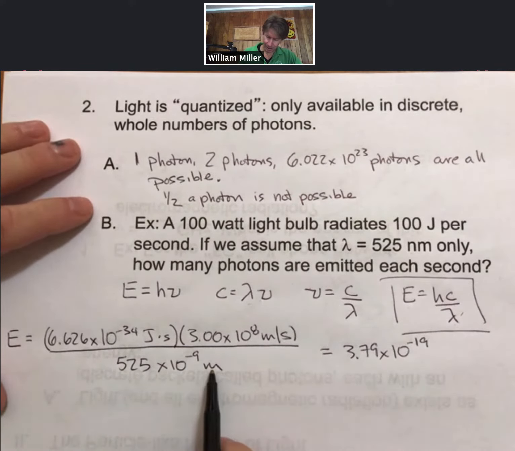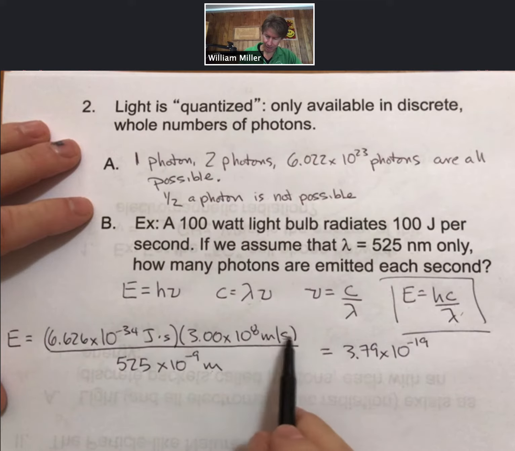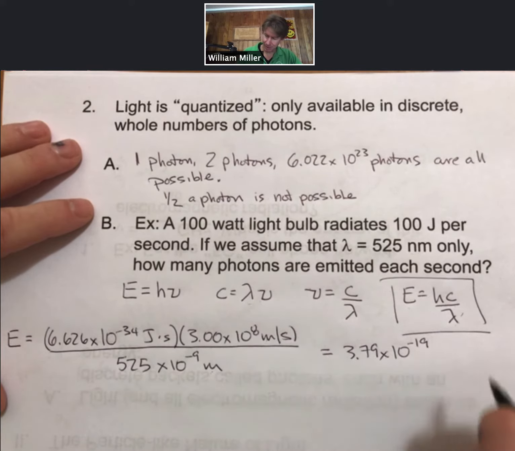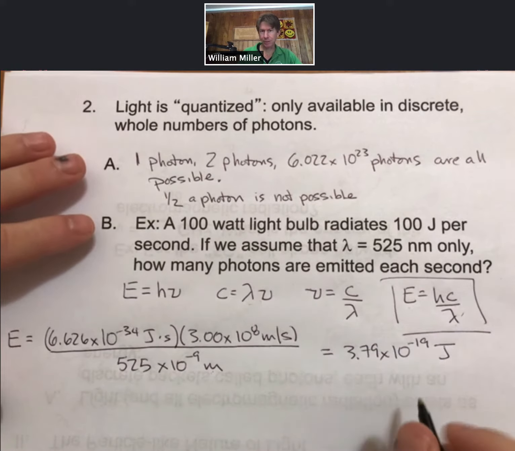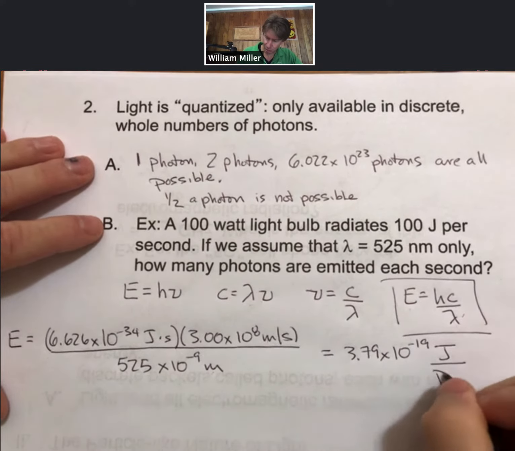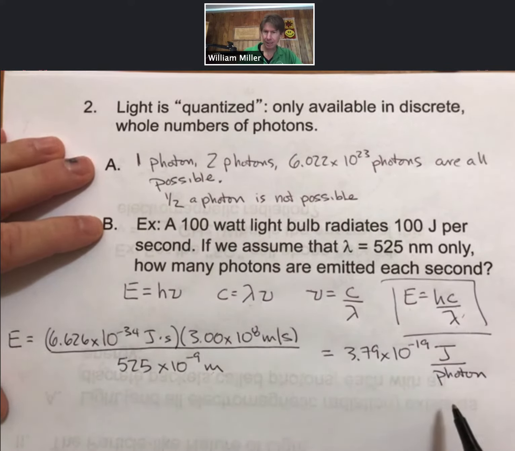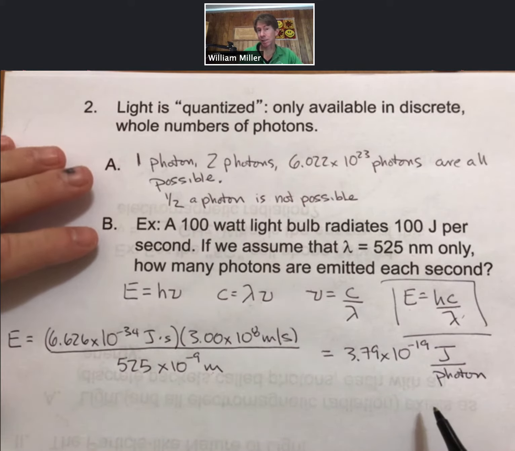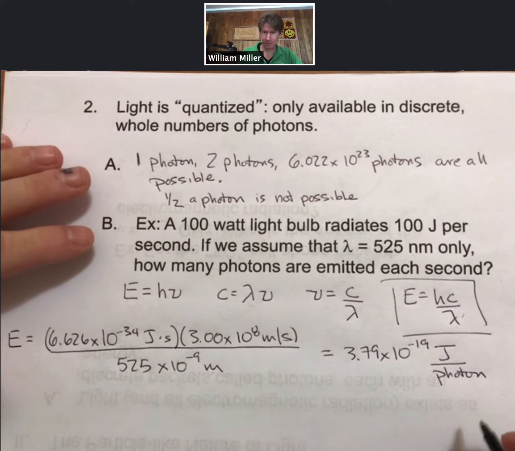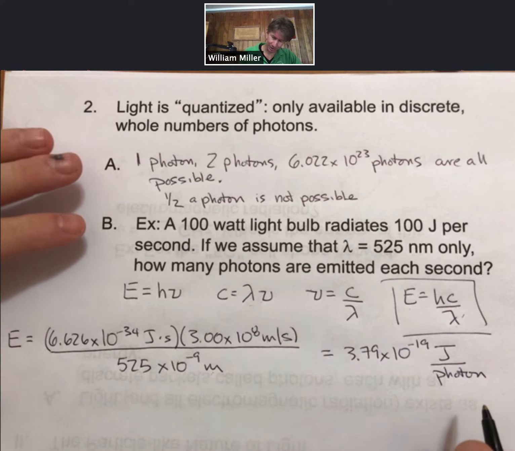And we see that our meters cancel out and our seconds cancel out. So our units here are joules, or as we've already discussed, joules per photon. And now this joules per photon, we'd like to use as a unit conversion factor. Let me show you how that works.